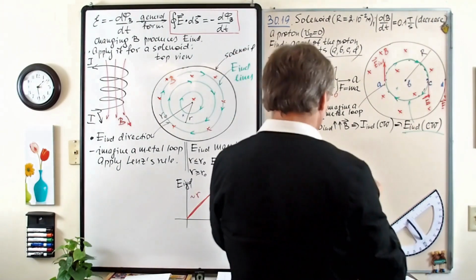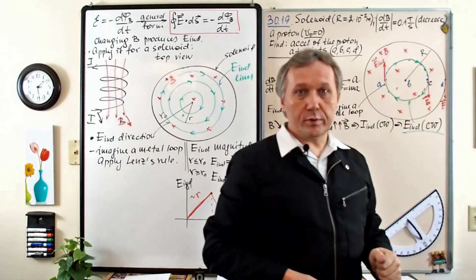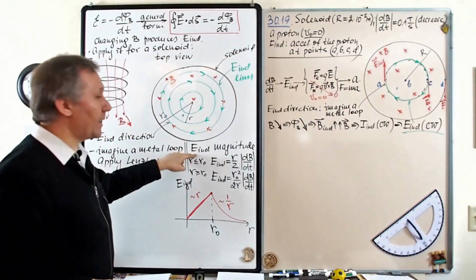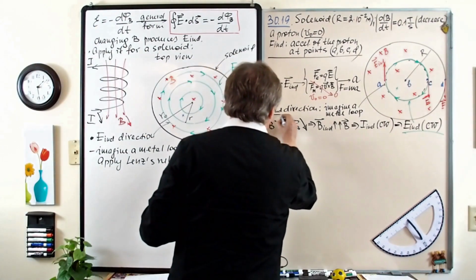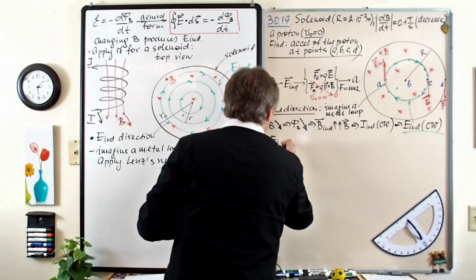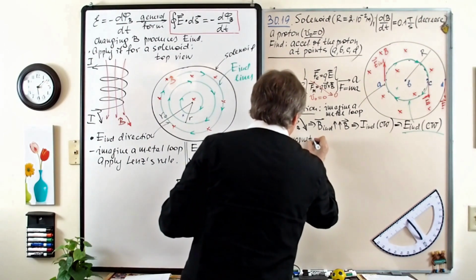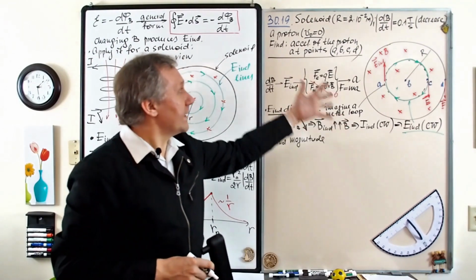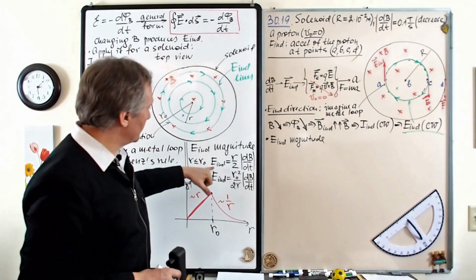Okay, so now we know the direction of the electric field at all these points, and now let's recall the magnitude. Let's write down the expression for the magnitude. So this was for the direction. Now let's write E induced magnitude. Since we are positioning our proton inside of the solenoid, we have to use this formula.